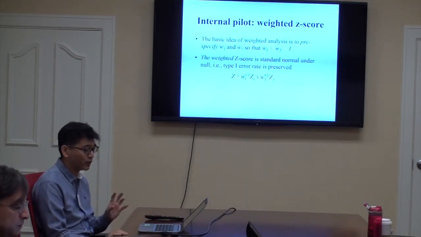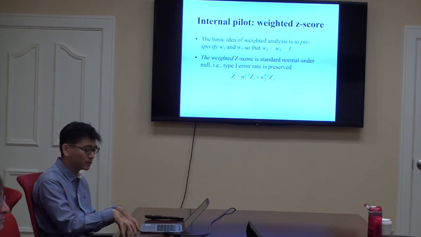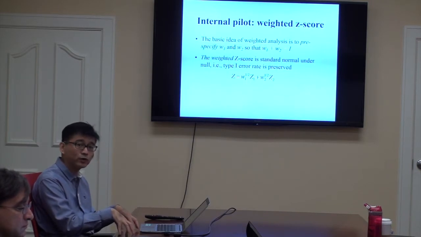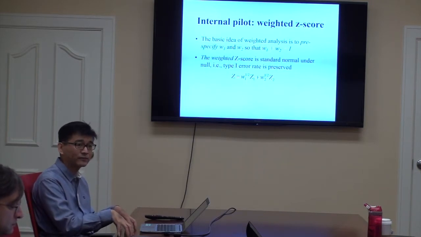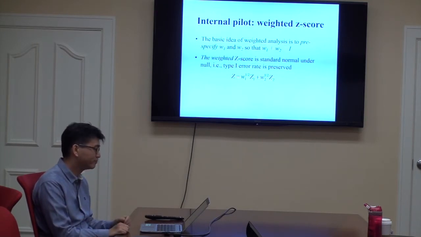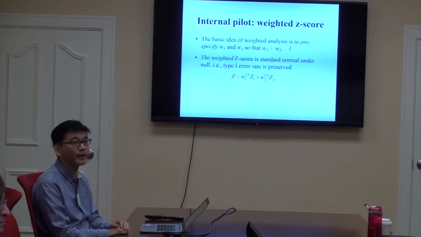You have data from the pilot phase, and data from the second stage, whose sample size is based on the pilot stage. If you view the data from these two stages as if they're from two independent studies, and then just pool them together using whatever meta-analysis technique you use, you get a valid inference.